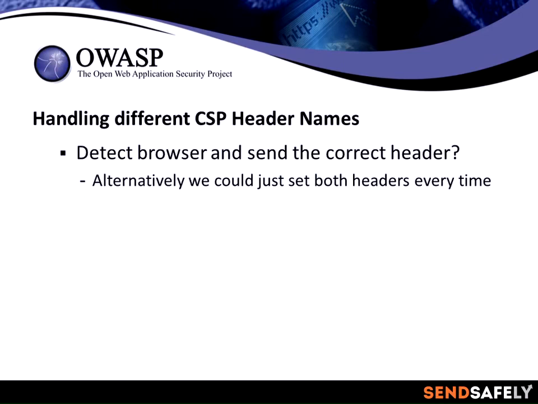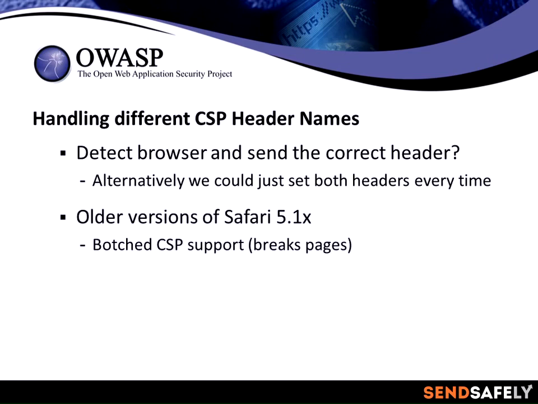So the first thing we thought of was, what's the best way to do this? Are we going to need to detect the browser? Should we just set both headers on every response? But the other thing we ran into was a lot of reports about older versions of Safari, and there's really nothing stopping this from happening with another browser that maybe we haven't even considered. Older versions of Safari actually had a CSP implementation that worked, but it didn't.